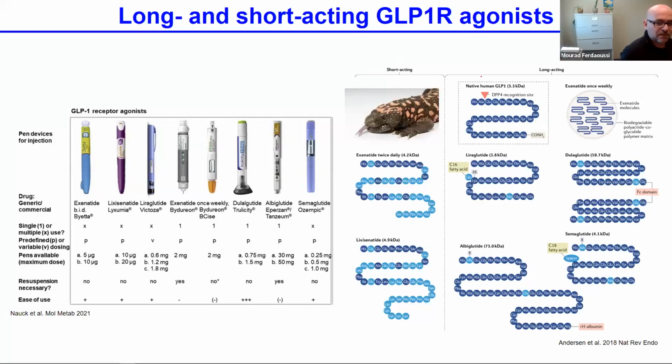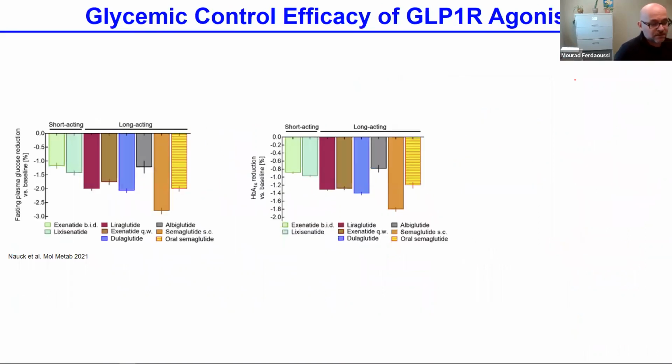Some are short-acting, some are long-acting agonists that can potentiate the insulin secretion and are used to treat type 2 diabetes. Some clinical studies showed their effects, so this is why they are used. We see the short-acting and the long-acting agonists reduce the fasting plasma glucose.